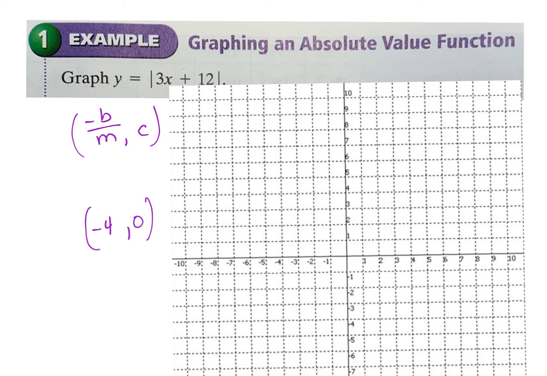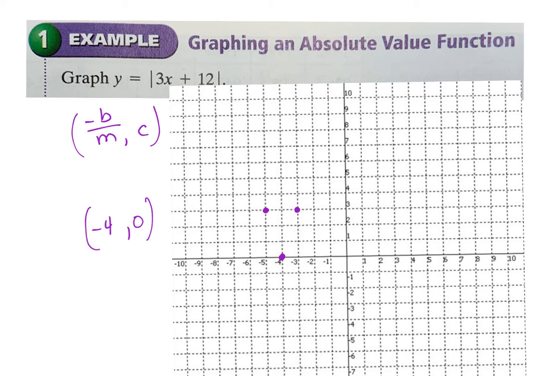All right, let's try this. There we go. What's my slope? 3. So how do I move? Up 3 and over 1. And so absolute value is a little bit different. You're going to go up 3 and over 1 to the right and up 3 and over 1 to the left, because it is absolute value, meaning your slope is 3 and negative 3.